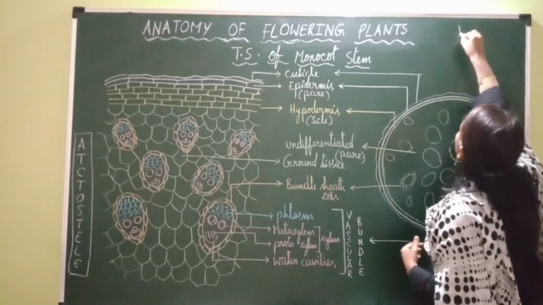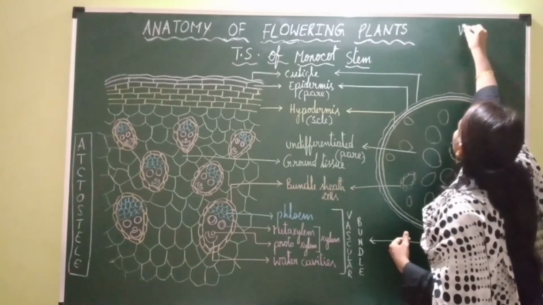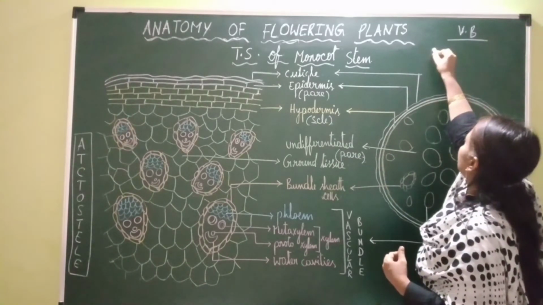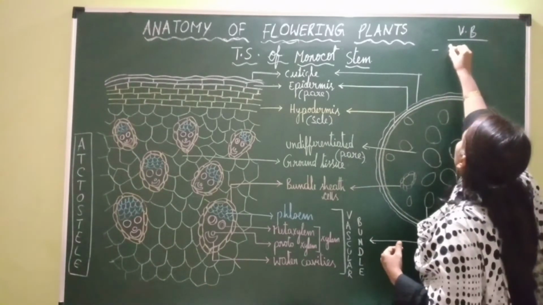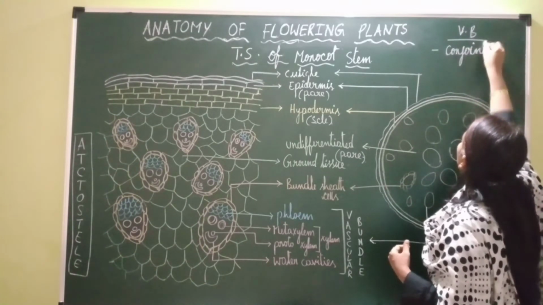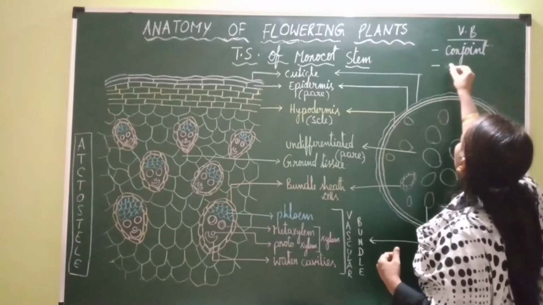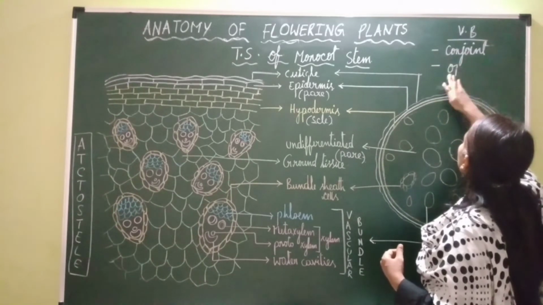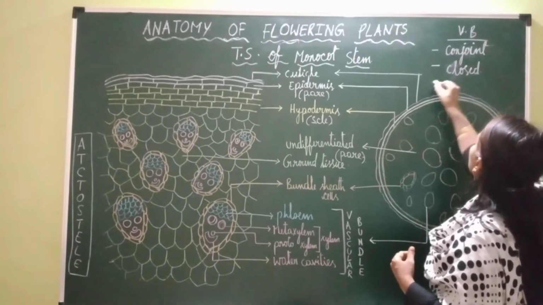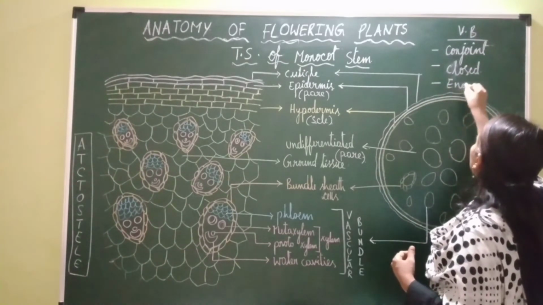I am writing here what type of vascular bundles are present in monocot stem. They are conjoint, closed type vascular bundles with endarch type of xylem.